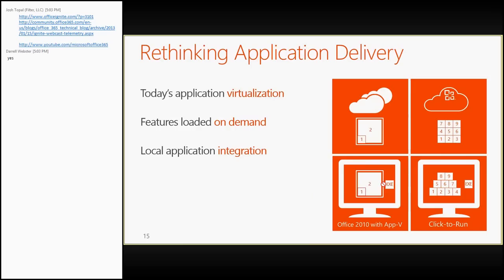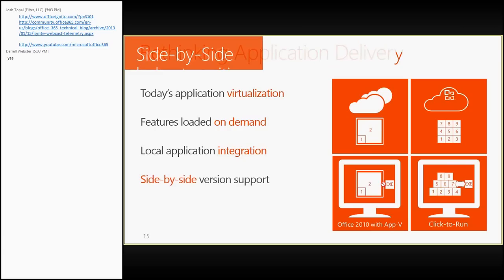And finally, I'm trying to get into the actual telemetry part of this, which is side-by-side version support, which gives you that no-fear experience. You can keep older versions of Office installed alongside the new version of Office, so you can be proactive.